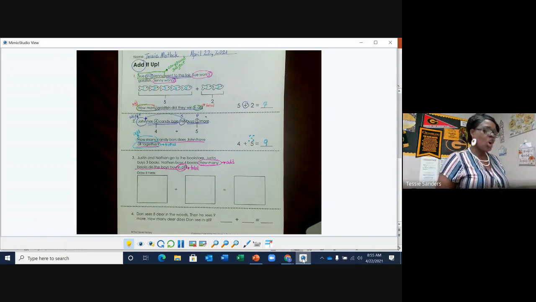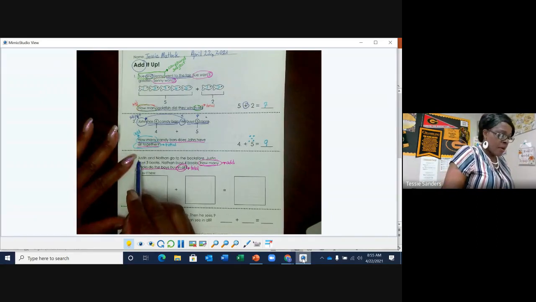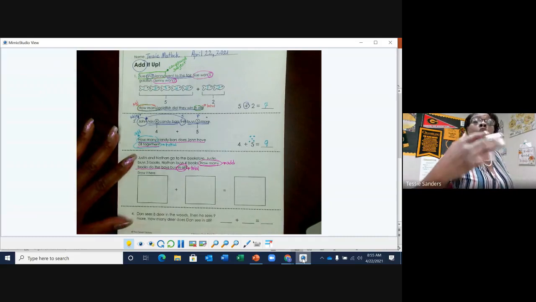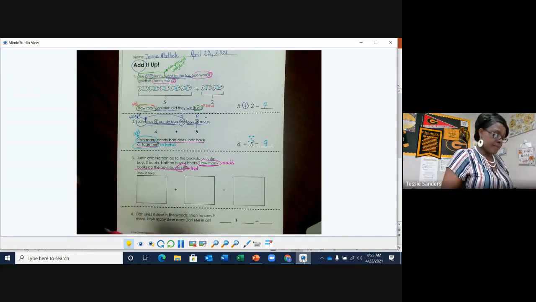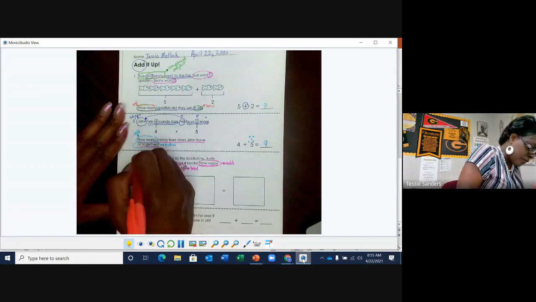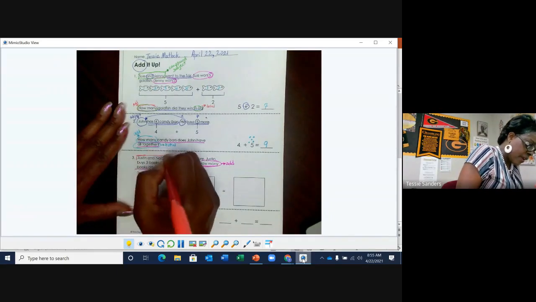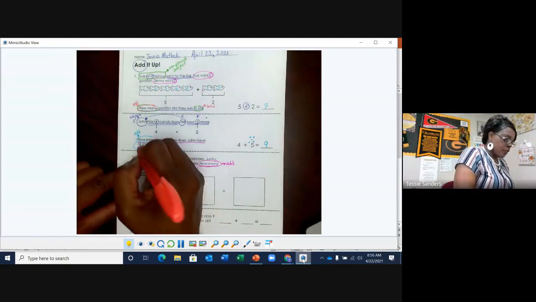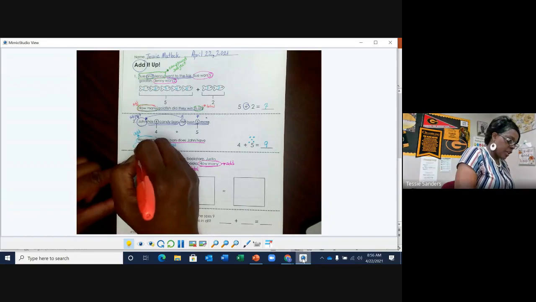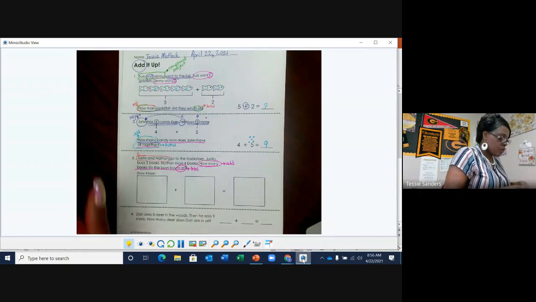So who's doing something? Who is our main character, or who are our main characters? Can you tell me? Good, Justin and Nathan. This is a compound. Justin and Nathan, I'm going to do that out right in red.